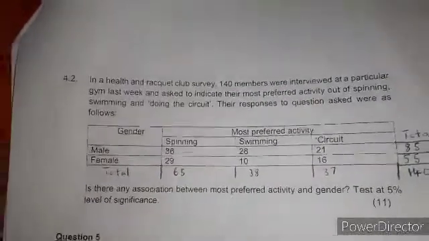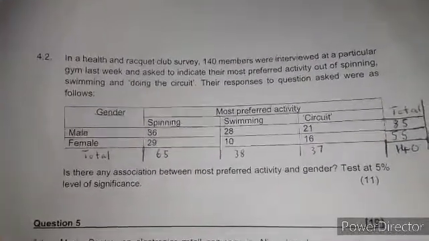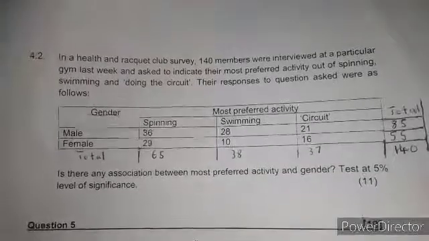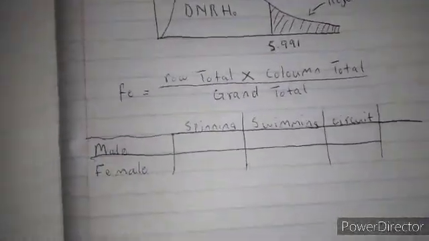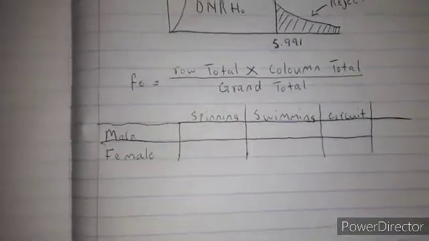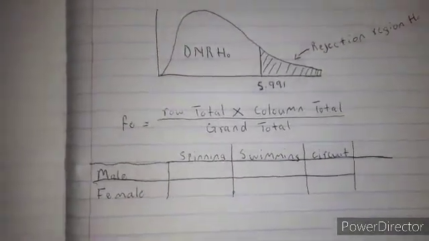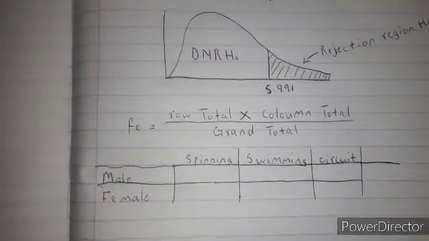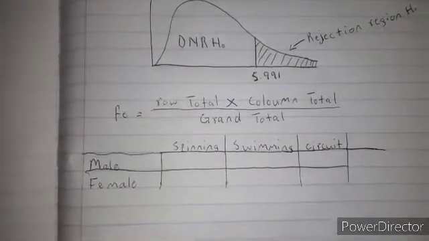Those ones are the observed frequencies, which is FO, observed frequencies. But now we are calculating the expected frequencies. In order to calculate the chi-square, we need expected frequencies and the observed frequencies.